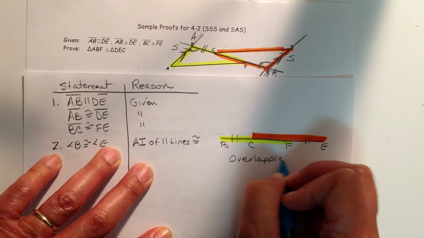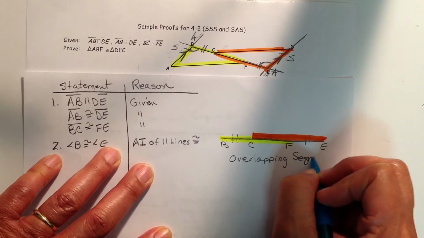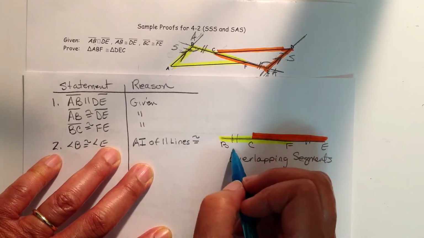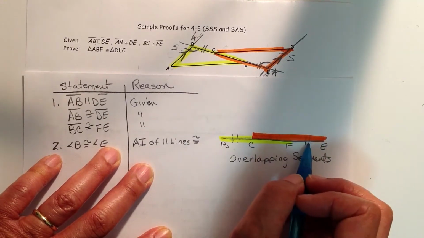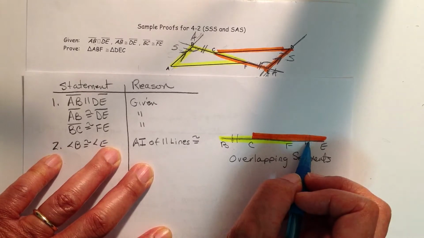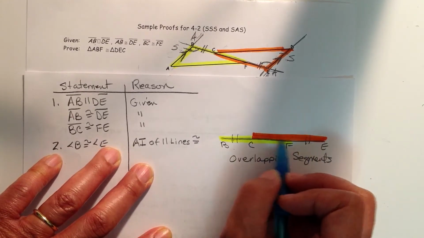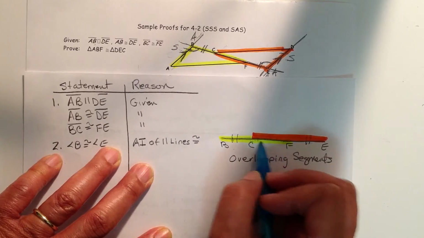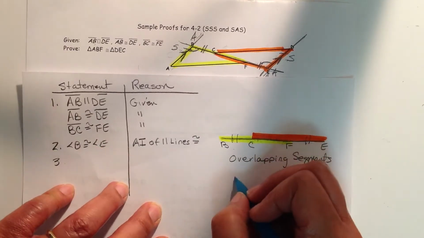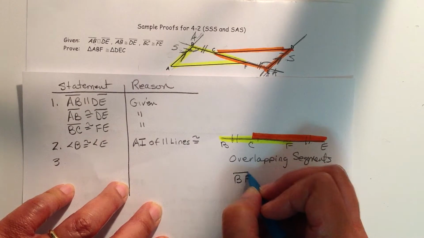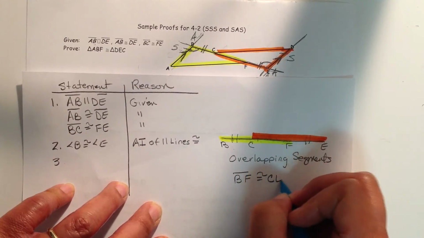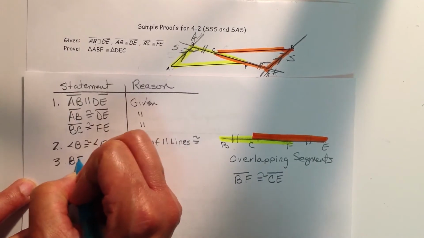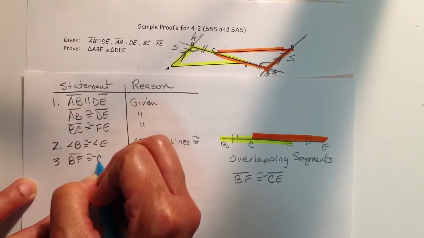And if you remember, when we studied overlapping segments, if two parts of two overlapping segments are congruent, then obviously the common segment is congruent. So we can also say that BF would be congruent to CE. So that is the missing piece from my proof.